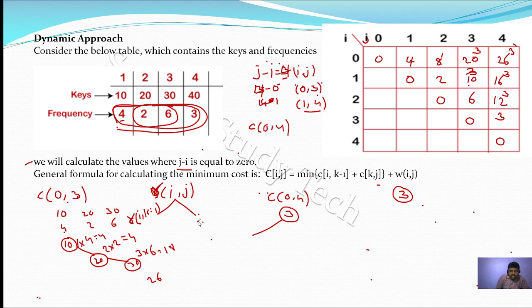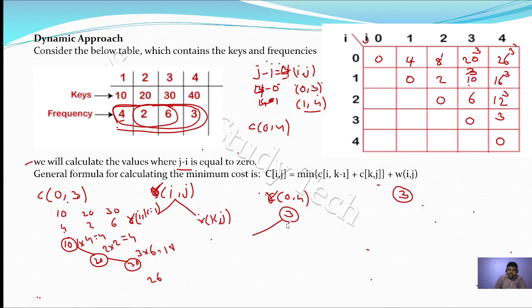Here on the right side, it is R of k comma j. So this is the simple R of ij. Here it is R of i, k minus 1, you can write here. On the right side, C of kj, here R of kj.